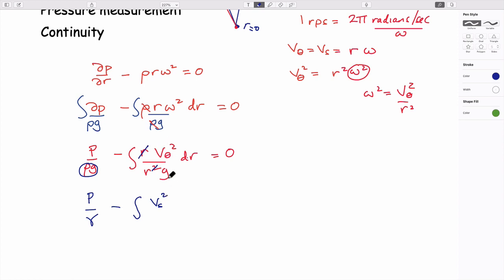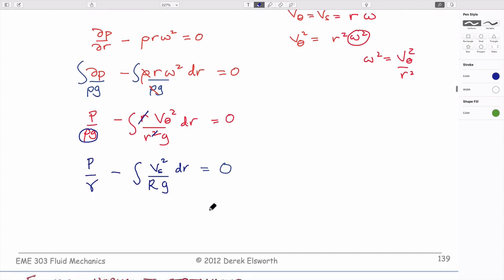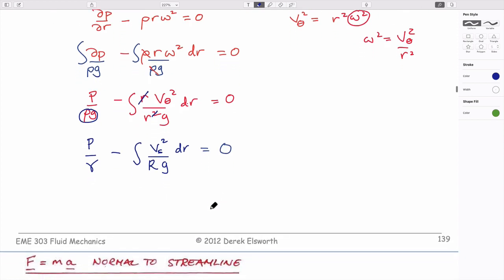V theta is along the streamline squared dr divided by uppercase R times G is equal to 0. And I guess that's the term.